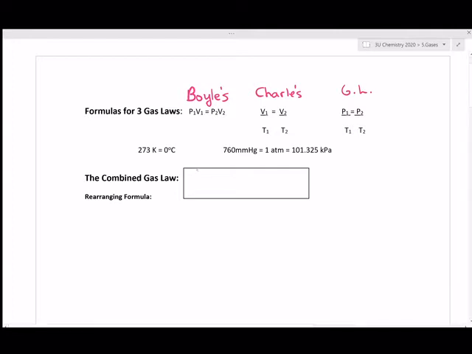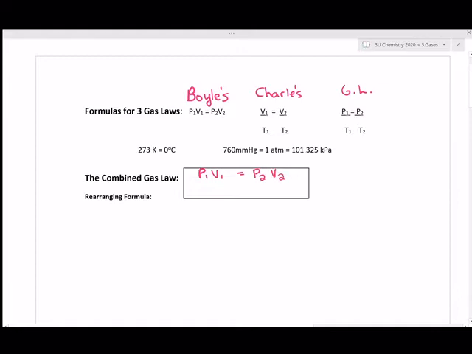And to set it up, I'm just going to put down Boyle's law. P1 V1 is equal to P2 V2. So there's Boyle's.